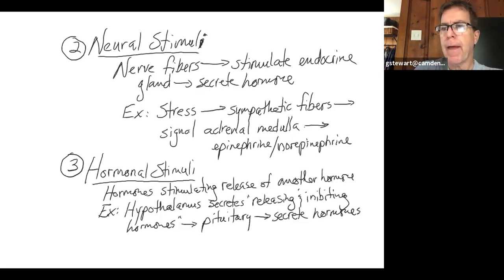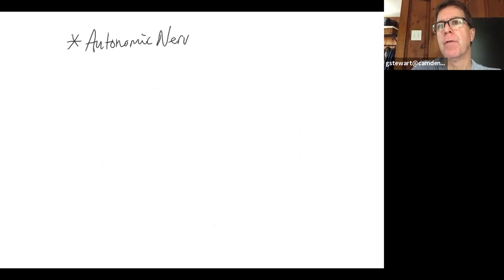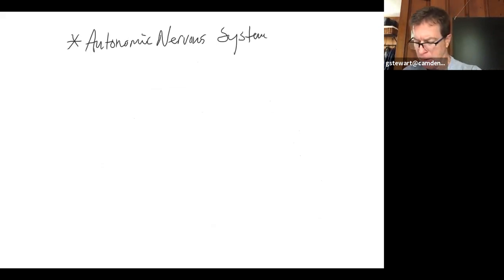Last thing, last bit, I'm going to just make a start here and make this statement. The autonomic nervous system that we just got finished studying really has the ability to override the endocrine system.